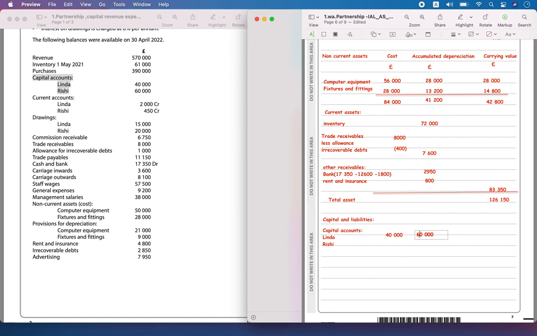And then we have to add the current accounts. Let's write here at the top the capital accounts for Linda and Rishi.